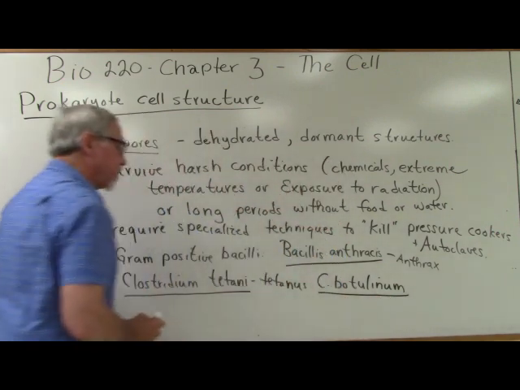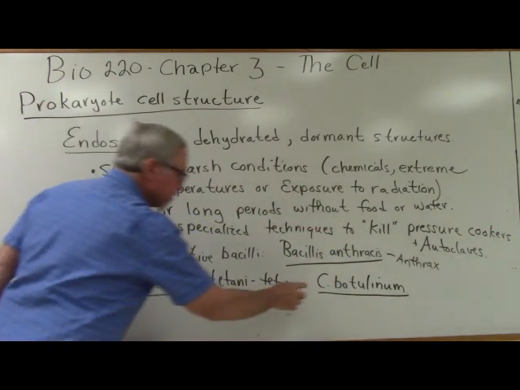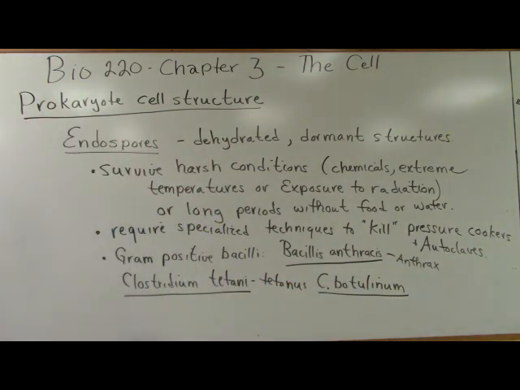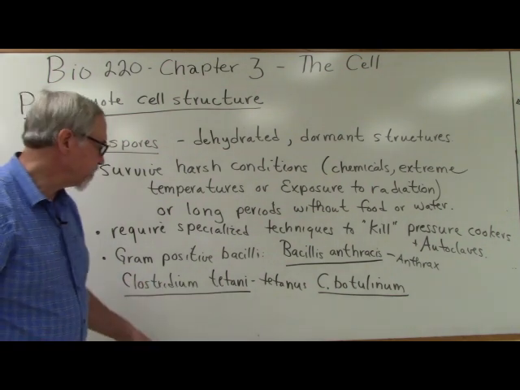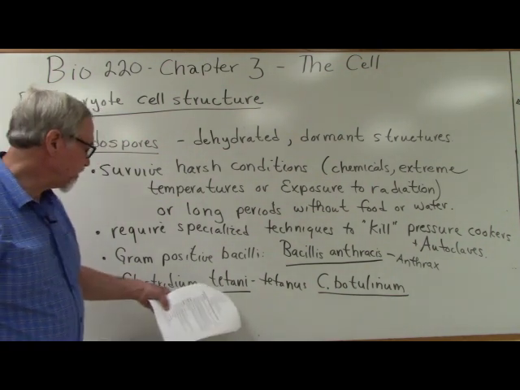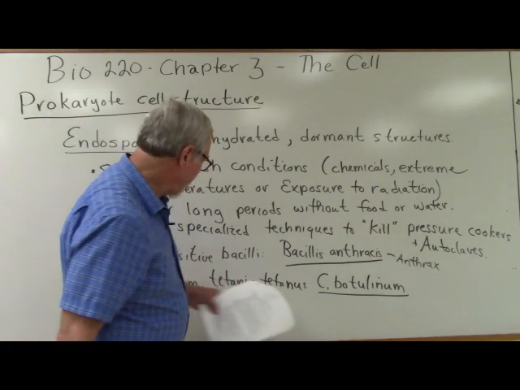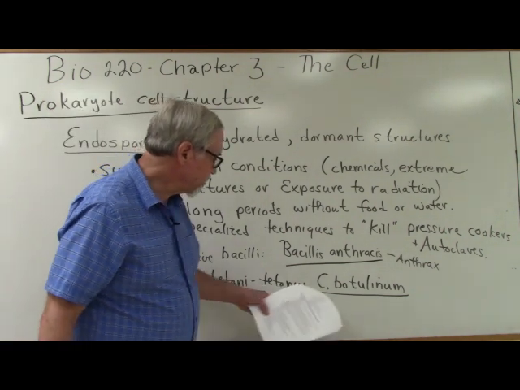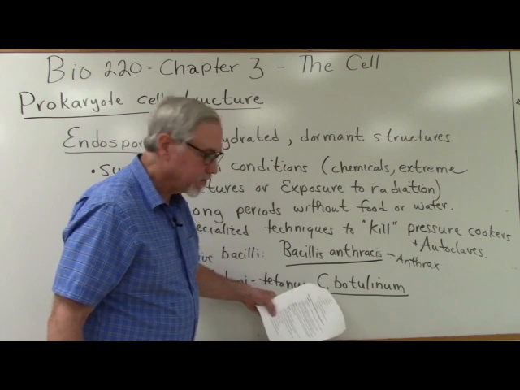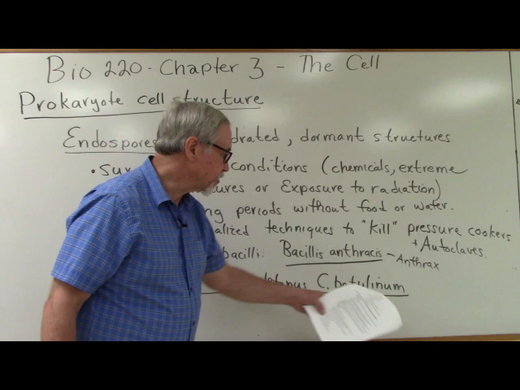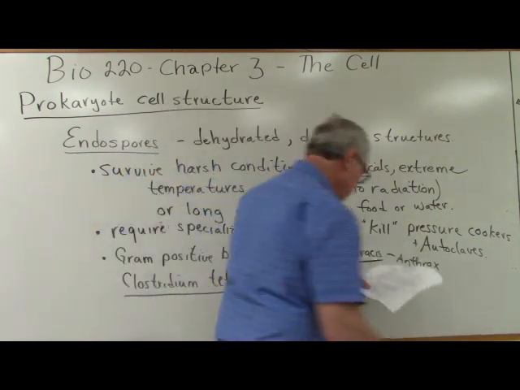Notice I didn't write out the whole Clostridium. I just abbreviated it C. botulinum. This is an appropriate way of signifying the binomial nomenclature that we talked about before. It's either genus and species, genus being capitalized, species being lowercase, or in this case, you already know what the genus is, so we're just referring to it as the abbreviation for the genus, the letter C, and then botulinum, which is botulism.